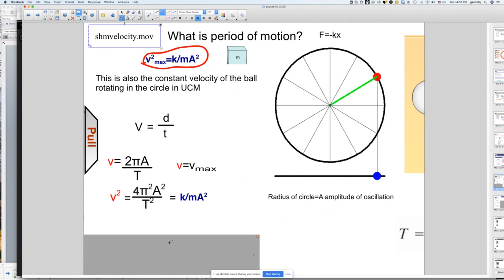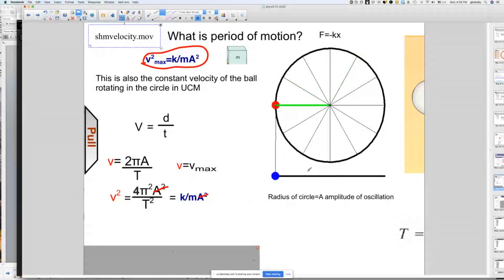And therefore, lo and behold, we can solve this equation for T, right? This equals that. Let's solve it for T. Well, first of all, the a's cancel. What does that tell you? That for an object going in simple harmonic motion, the amplitude of the spring doesn't matter.